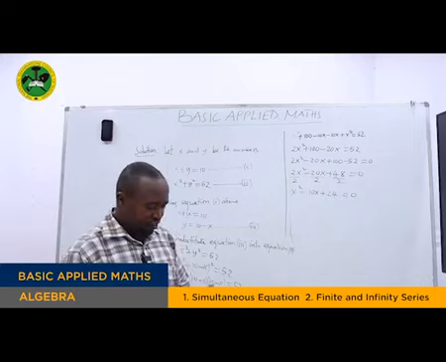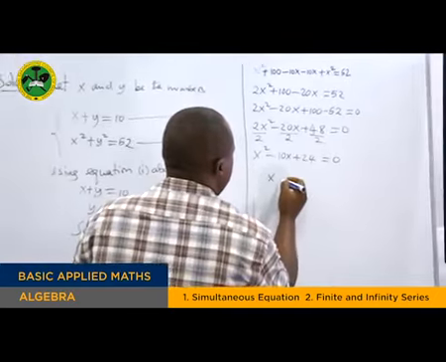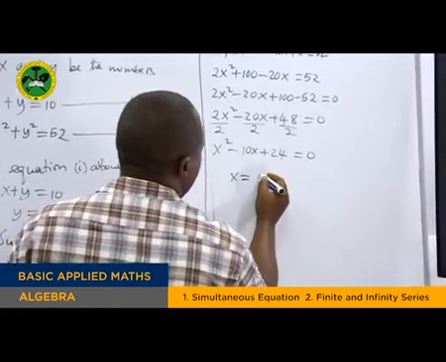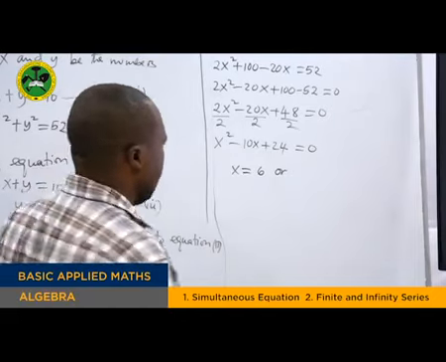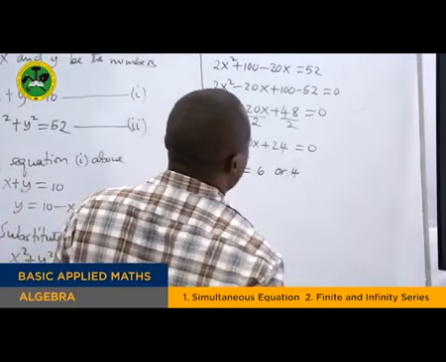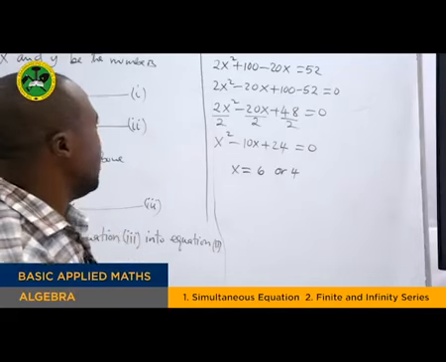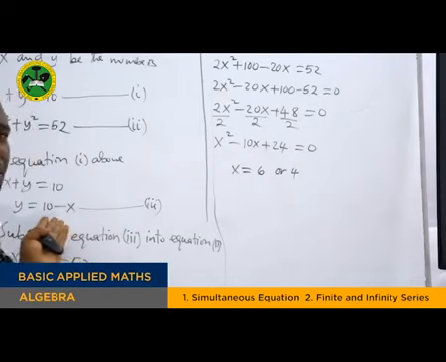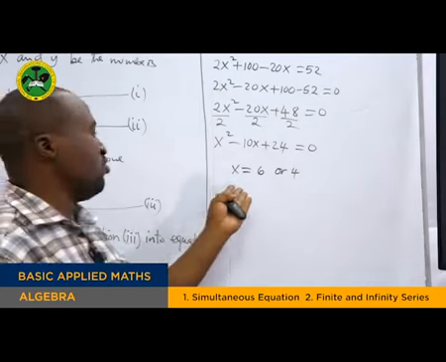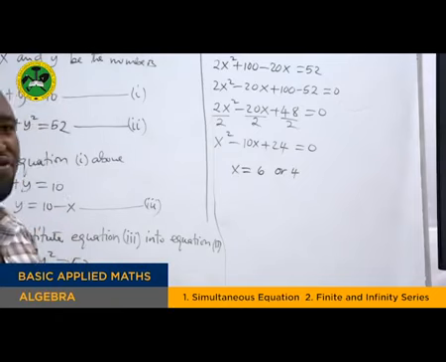Now, the answers are, so x is equal to 6, or we have the second value of x, which is equal to 4. We have two values of x. Now, my dear student, we can use equation 3 to find the possible values of y, because now we have values of x. Now it is simple to find the values of y.